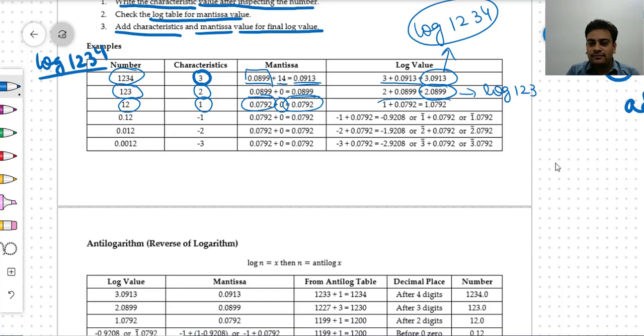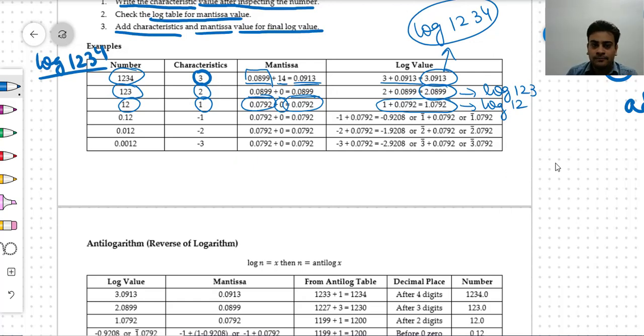Then we add the characteristic, and this is basically my log value of 12. So your log value is equal to 1.0792.